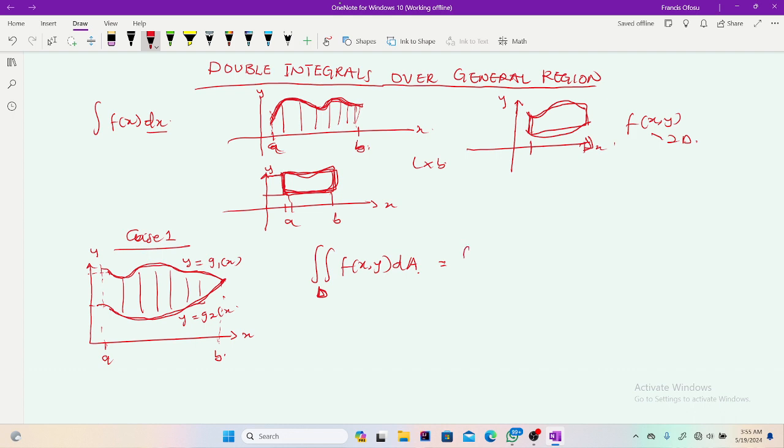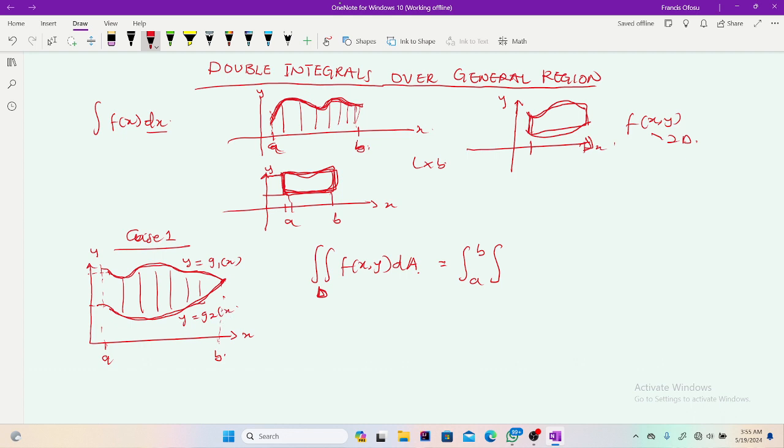So here the integral from a to b, because a and b are constants, we move them out. The purpose of a definite integral is to arrive at a constant, so we always push the constant integral to the outer integral. Then we push our inner one, which is y. Realize that y has a first limit and a second limit, so we have g1 of x and g2 of x.